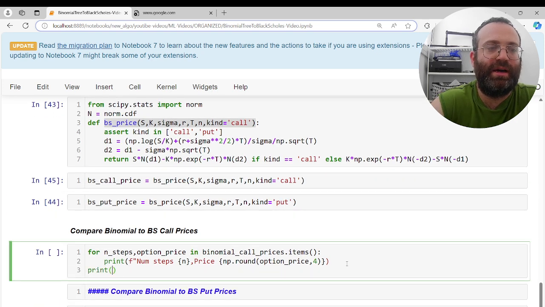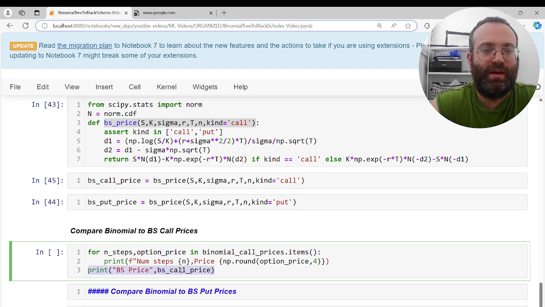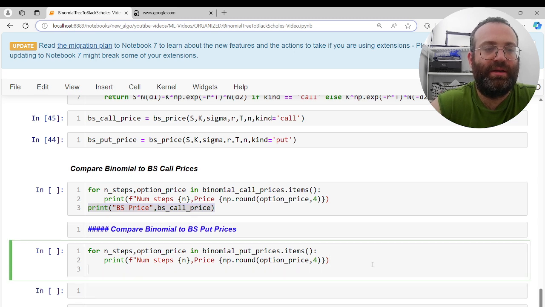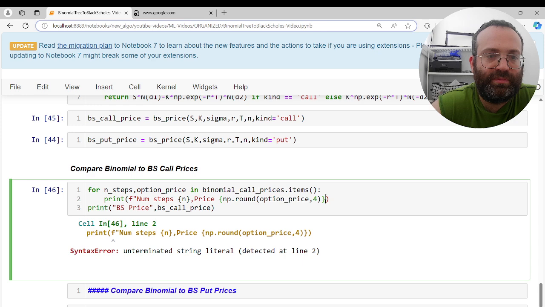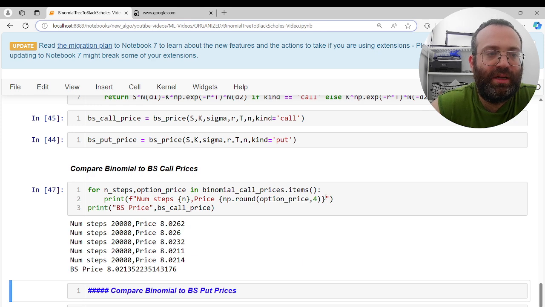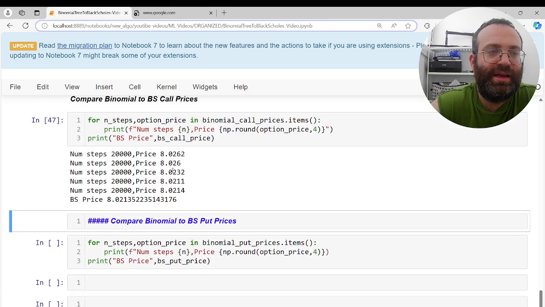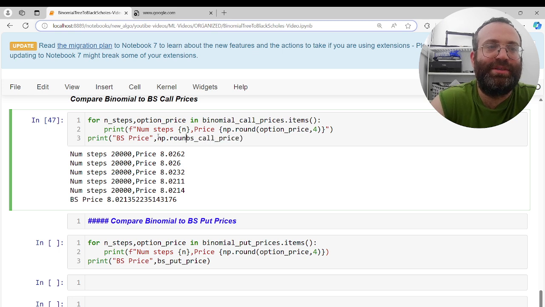I'll print BS price, then BS call price, and BS put price. Anyways, I'll put this code up. What did I do wrong? No steps.